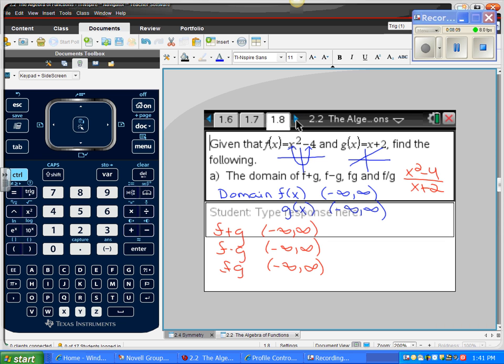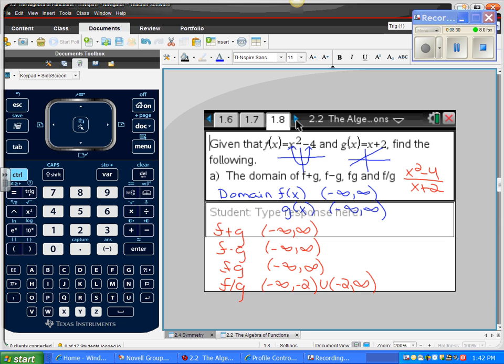Okay? We have to watch for the value of x that's going to make my function undefined, which by looking at it you should know is -2. Okay? So my domain for this one is going to go from negative infinity to -2, and then from -2 to infinity.